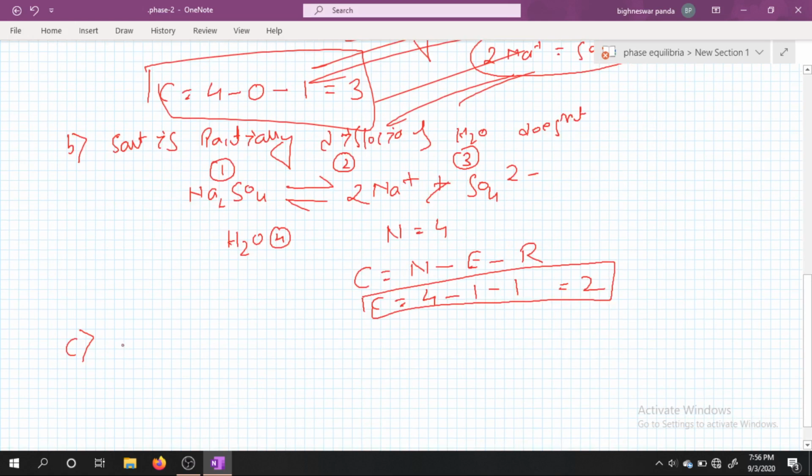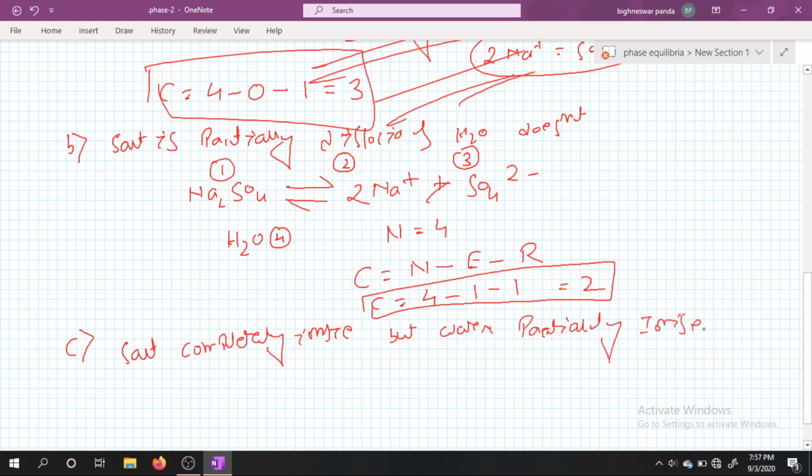Case C, consider salt completely ionized but water partially ionized.